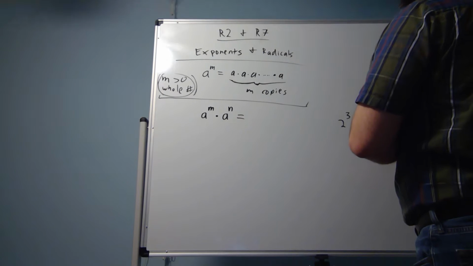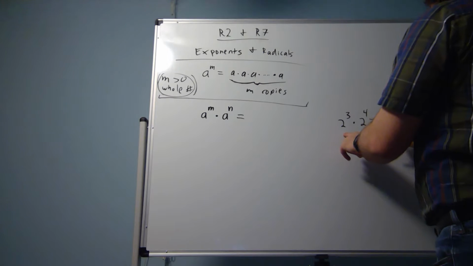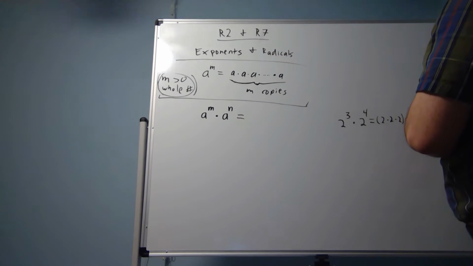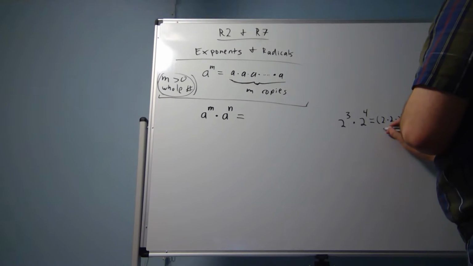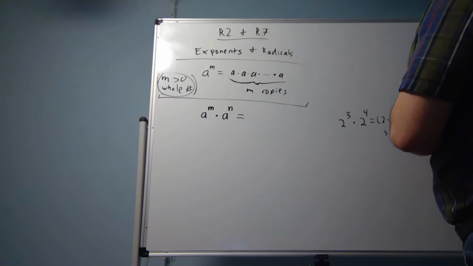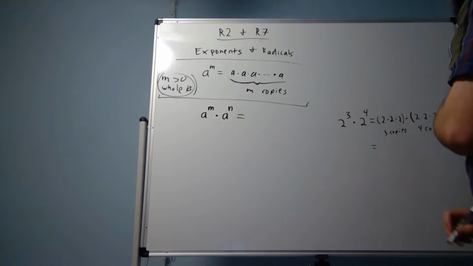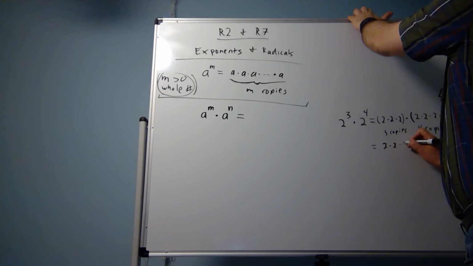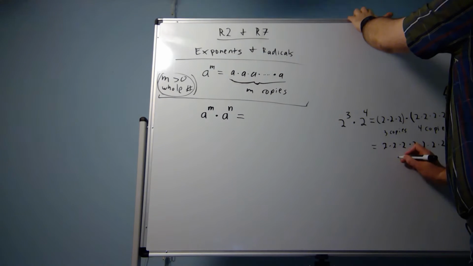Okay, so we've got 3 copies of 2 all multiplied together, and then we've got 4 more copies of 2. So what ends up happening? Well, that's 1, 2, 3, and then 4, 5, 6, 7.